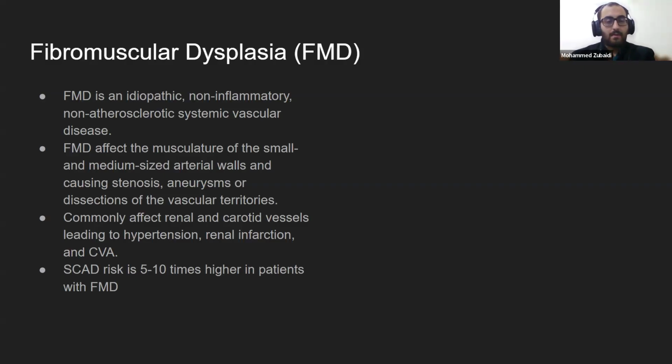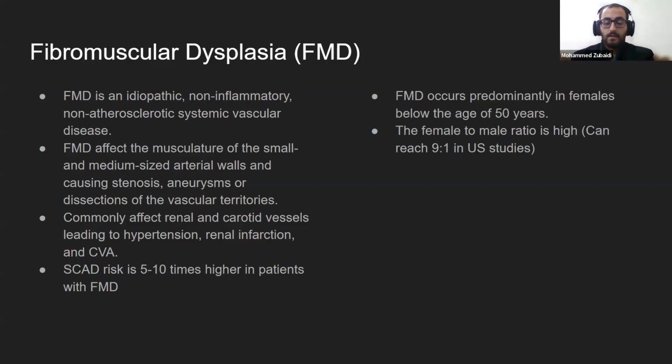In patients with fibromuscular dysplasia, they have a 5 to 10 times higher risk of SCAD. It's commonly diagnosed below the age of 50, and it is a female predominant disease. In some US-based studies, the epidemiology is very high. The female to male ratio is 9:1.